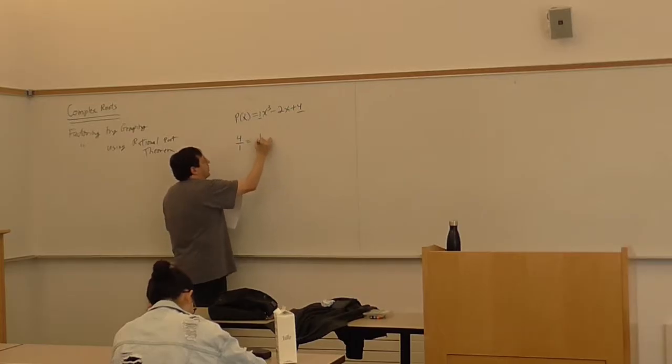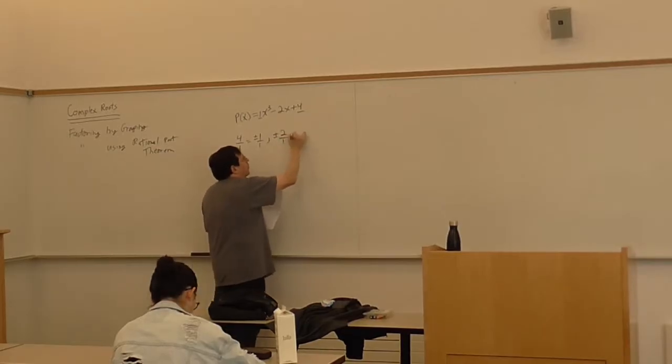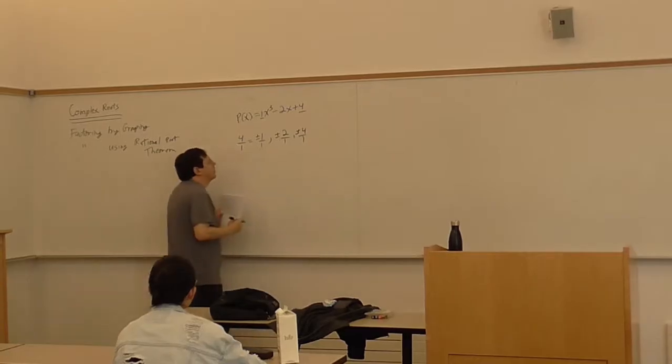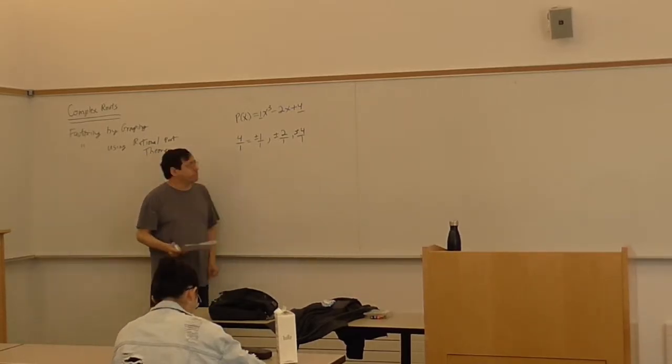So what can that be? That can be plus or minus 1, plus or minus 2 over 1, or plus or minus 4 over 1. So we have 6 possible roots we can check.